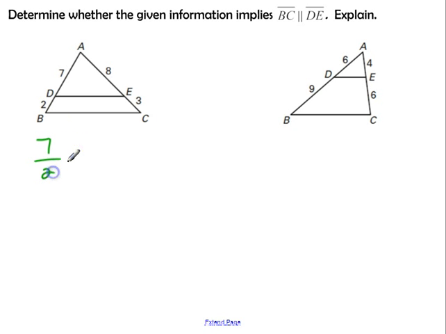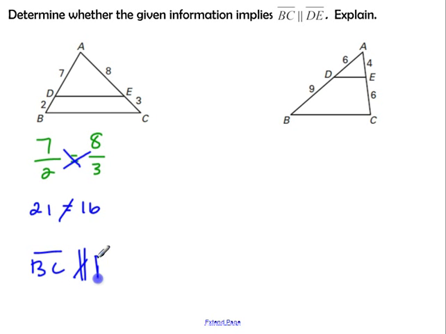If we put 7 over 2, that corresponds to 8 over 3. And then to test, we're going to cross multiply and see if we get the same number on both sides. 7 times 3 is 21. 2 times 8 is 16. Now, because 21 does not equal 16, we can say that segment BC is not parallel to segment DE.